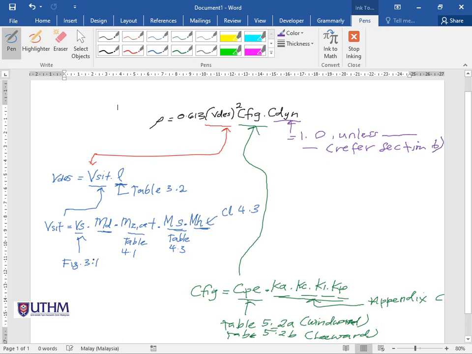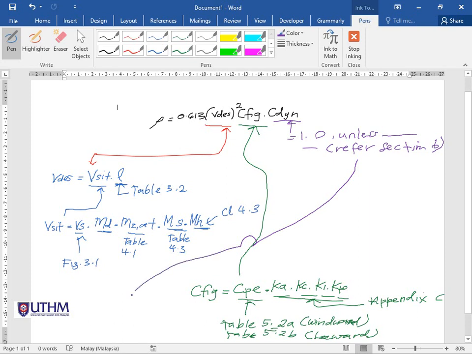We have seen this section 6. Under section 6, C dynamic is equal to 1 unless the structure is wind sensitive, refer to section 6.